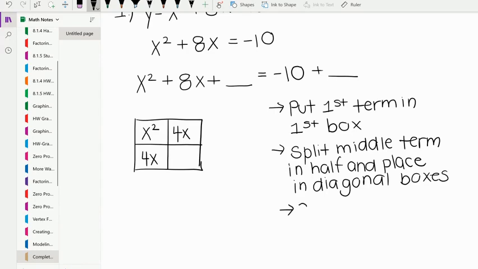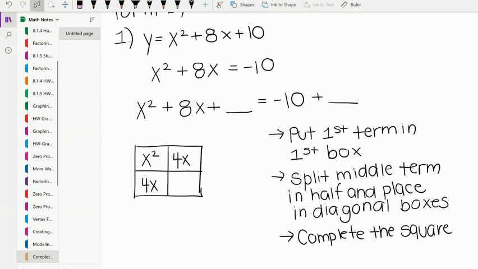And the last step is to complete the square. So I'm kind of combining a few steps in that, but I will explain it. That's why it's important you always watch the video and don't just look at the notes. So what I'm going to do is come up with the edges of the box. So I know that x times x is x squared.